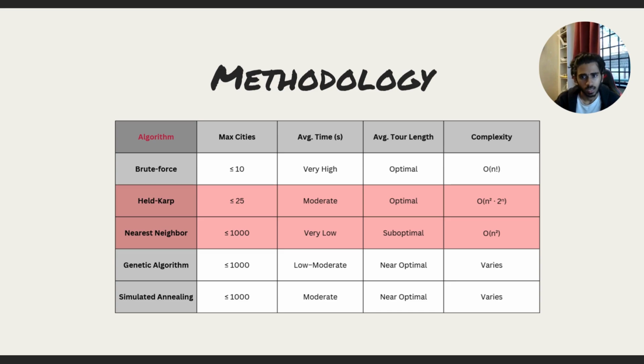So what we found is Held-Karp and nearest neighbor. Held-Karp's complexity is O(n² · 2ⁿ), and nearest neighbor is O(n²). These two are highly competitive, and let's find out how they give the result to these two data sets we have.